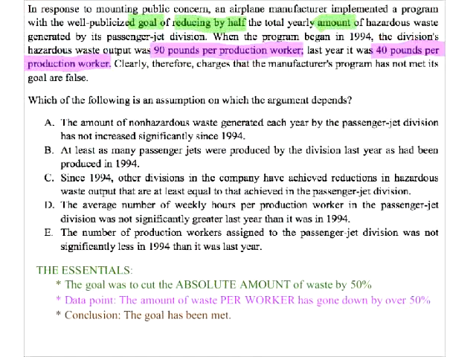Okay, so once you get it down to these essentials, it's a lot like the problem we saw earlier with retirees in Florida, where you have two statistics that don't comport with each other, but the argument is trying to treat them as if they do. So you have a goal in absolute terms, but then you have a data point that is not in absolute terms.